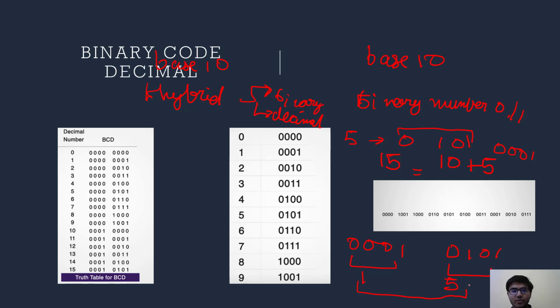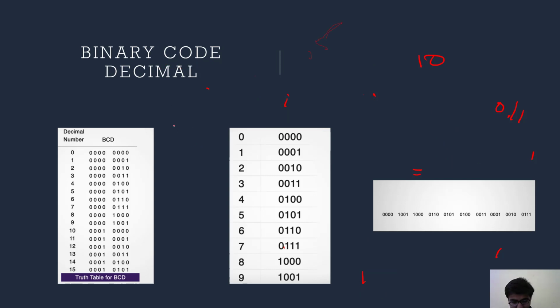So binary coded decimal is a decimal number where every digit is written in the form of binary numbers. Simple. In BCD, we only use 9 numbers, as denoted here, instead of 16.